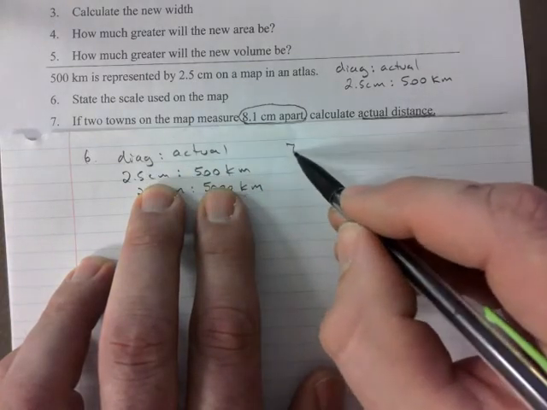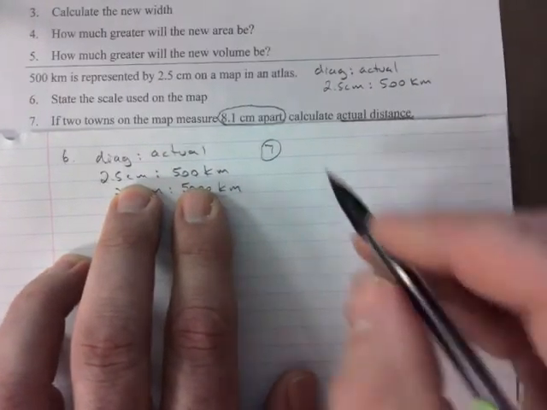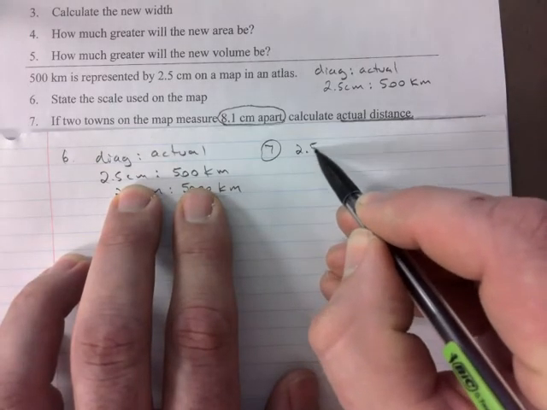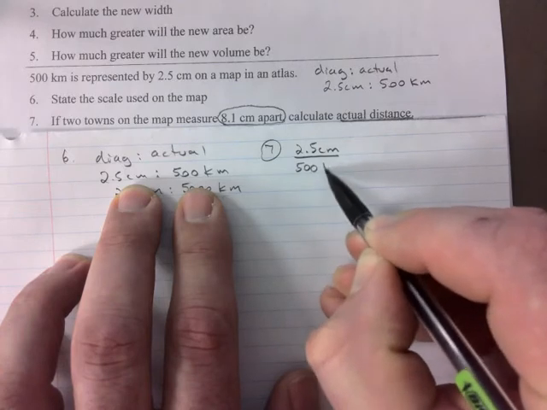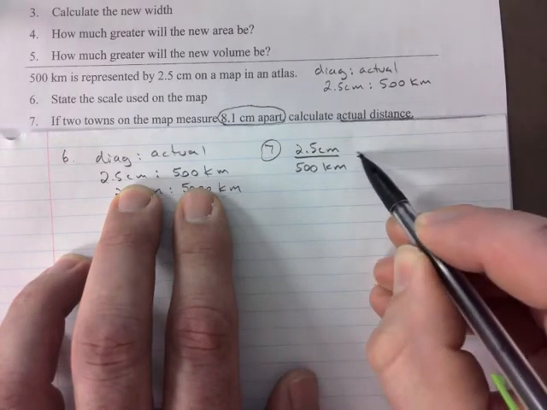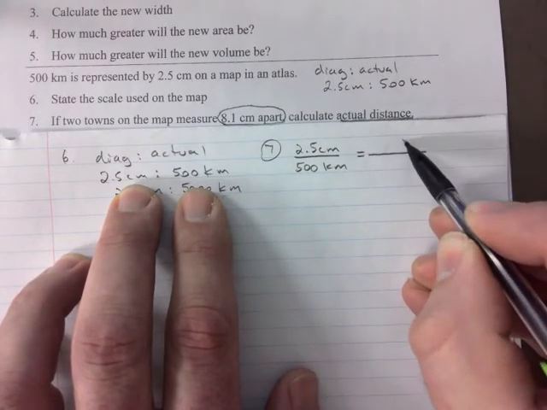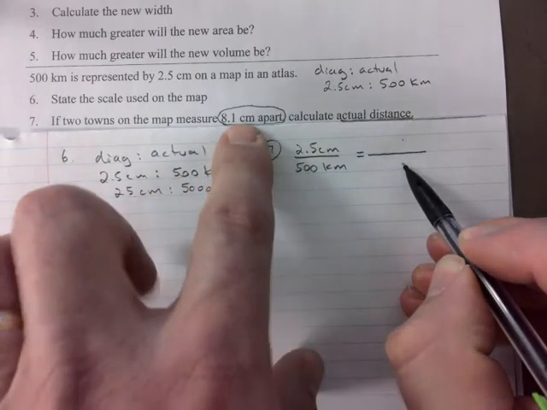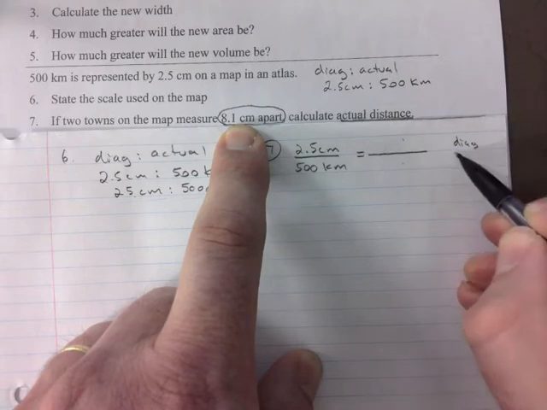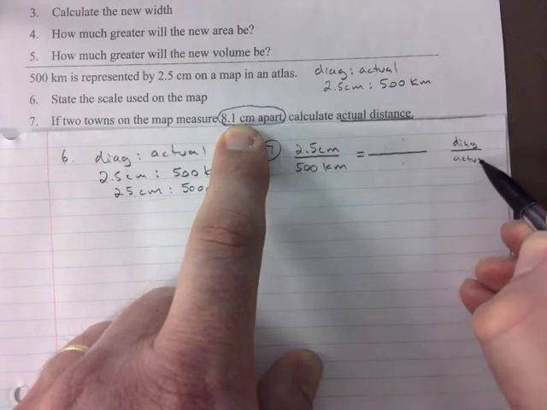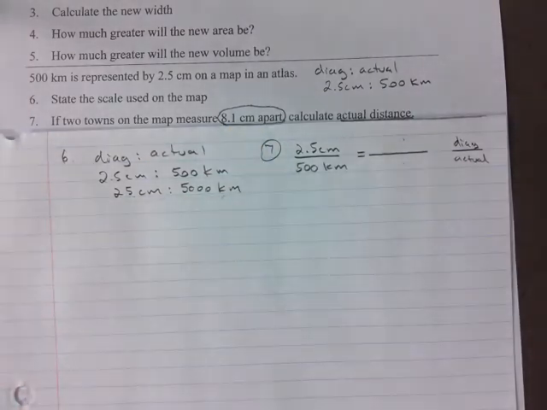So I will go 7, answered right there. I will say 2.5 centimeters represent 500 kilometers, right? And they will give you one of them. In this case, they give you the map, because remember, it's always diagram over actual, right? That is still always to be kept, right?